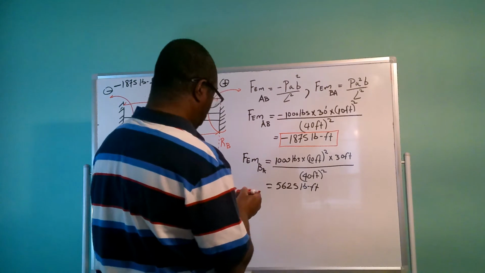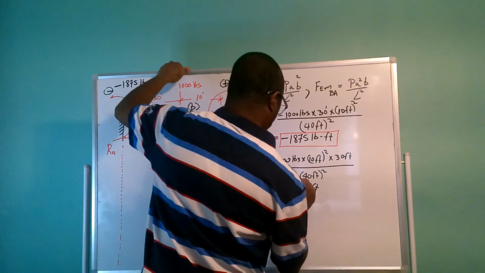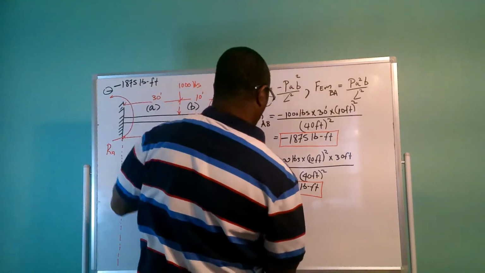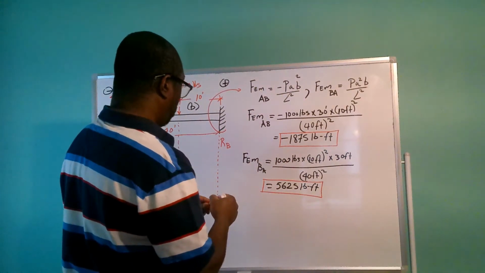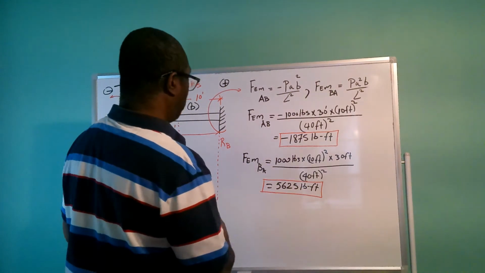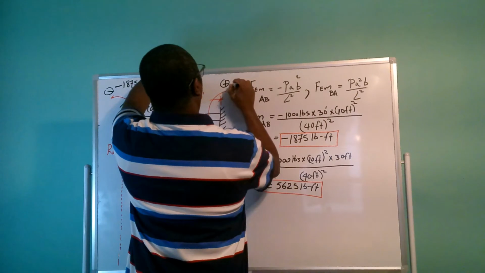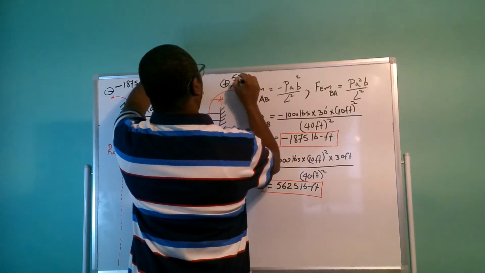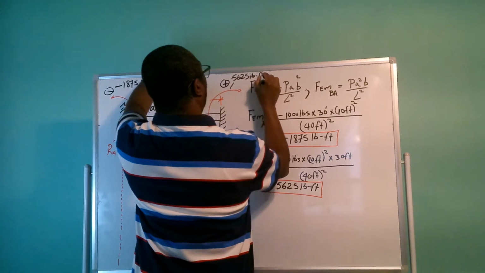So there you have it. The moment at BA is going to equal 5,625 pounds foot.